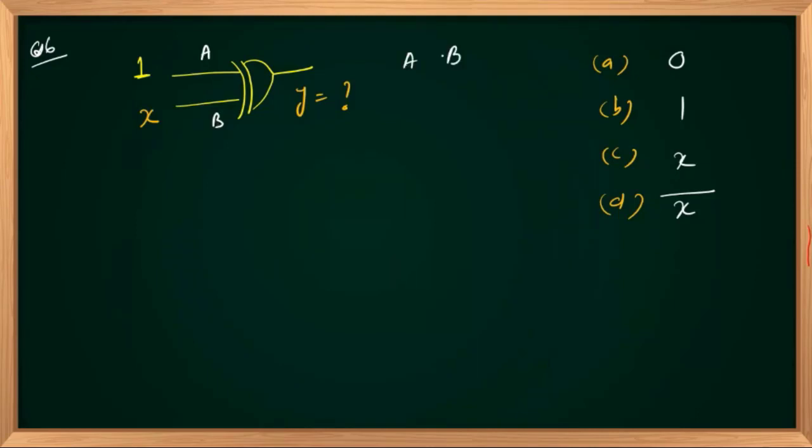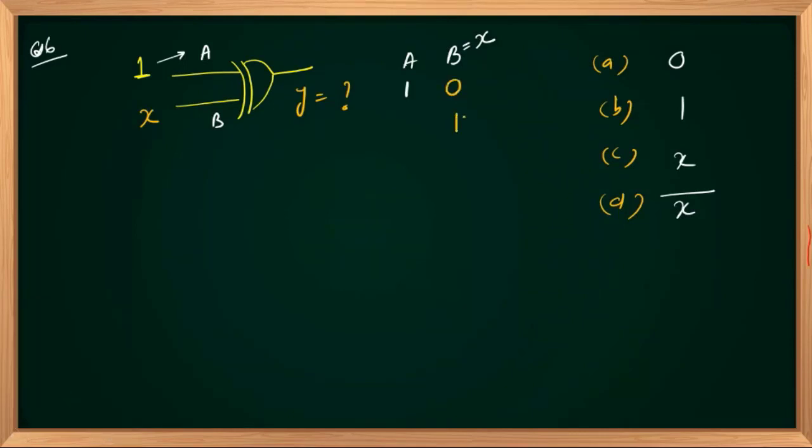Let us say A, B are the inputs. A is the same as logic 1, right? B is nothing but X, okay? B equal to X, right? X is a binary variable, so X can take 2 different values, either 0 or 1.